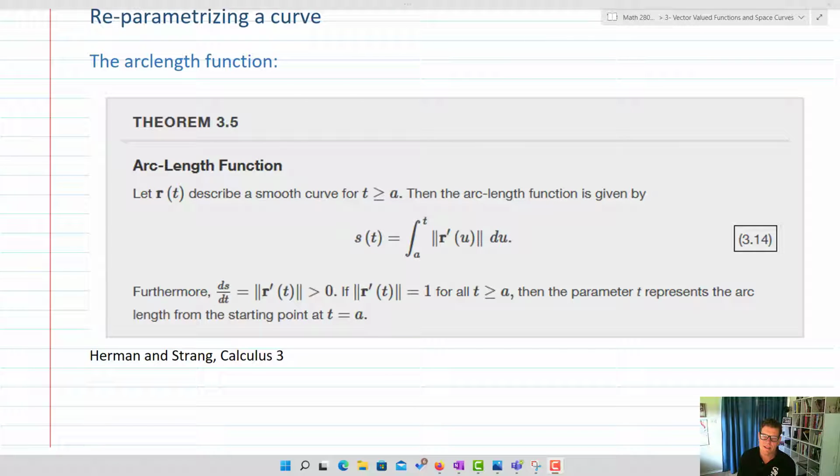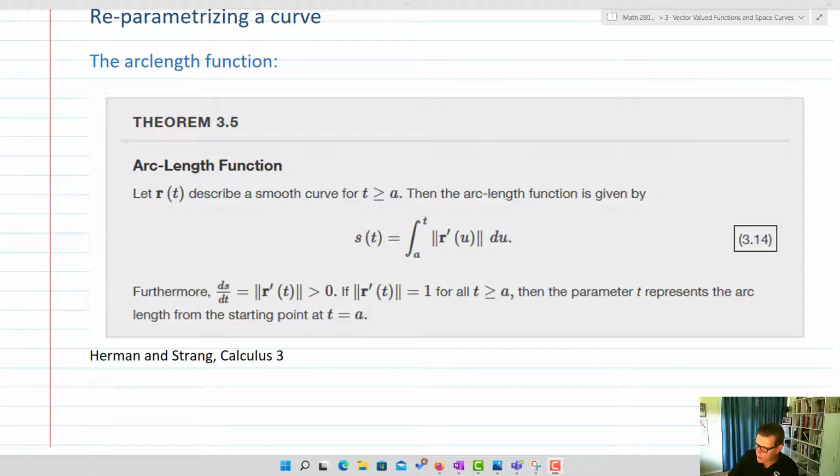To define the arc length function, we're going to have that r of t, our vector valued function, is a smooth curve. Smooth basically just means that there's no breaks in the curve. So it's essentially the idea of continuity for curves in 3D space. Then the arc length function is given by s of t equals the integral from a to t of the magnitude of r prime of u du.